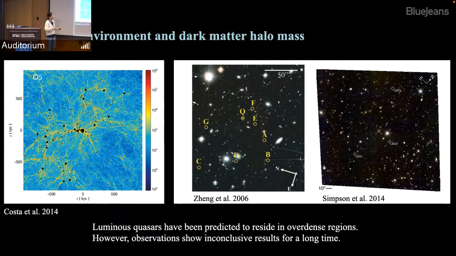Surrounding the quasar in this field, we can see an overdense region around the quasar. However, in this field, we do not detect any overdensity. So here we also want spectroscopy observations. We want complete spectroscopy observations surrounding all these high redshift quasar fields to find an answer as to whether these quasars reside in overdense regions.